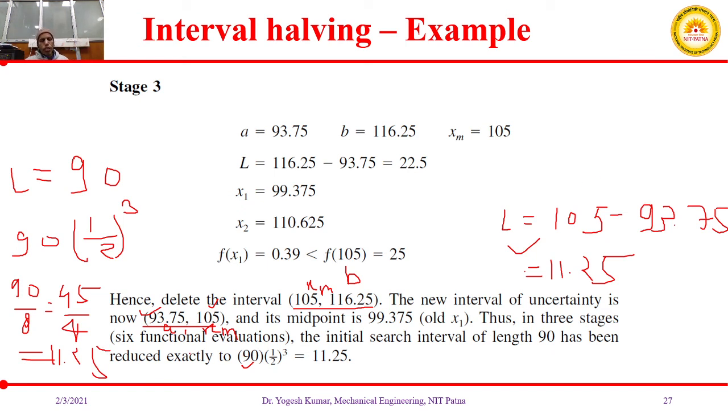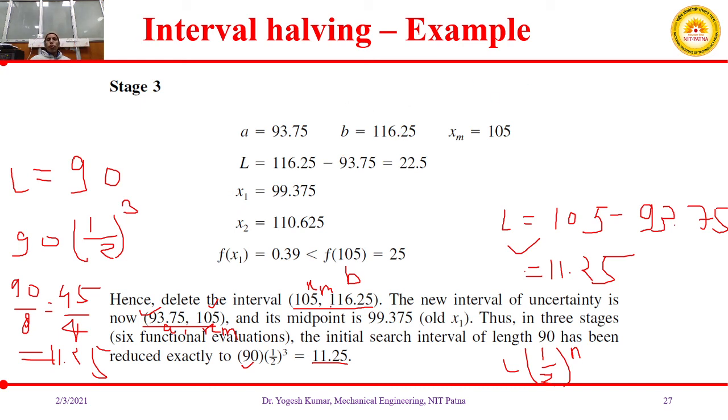Here you can see the previous condition which we discussed, that the length of interval will be 1 by 2 raised to the power n, where n is the number of stages. This condition you can cross check, and you can go to further steps for further refinement of your optimum region or the search interval.